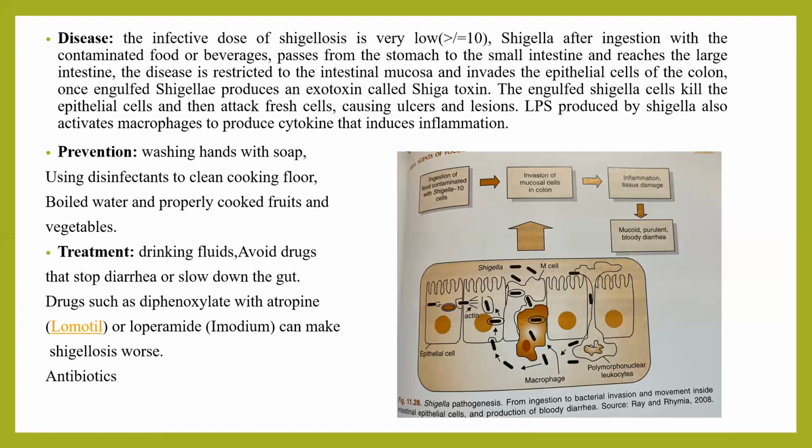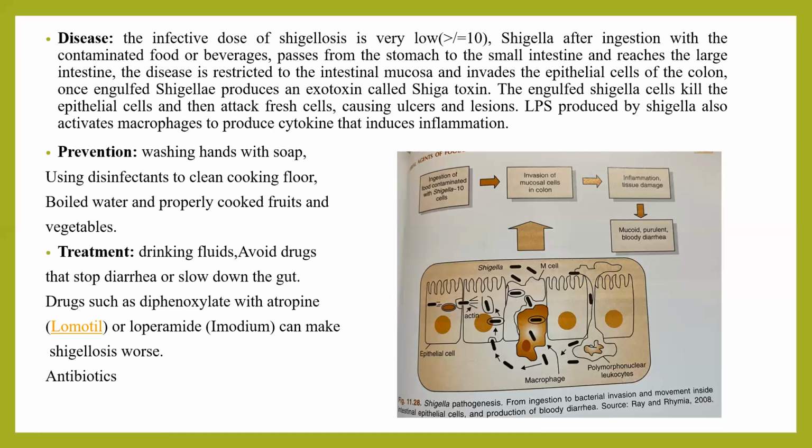For treatment, drink a lot of fluids and avoid drugs that stop diarrhea or slow down the gut. Drugs such as diphenoxylate with atropine, that is Lomotil, or loperamide, can make shigellosis worse.